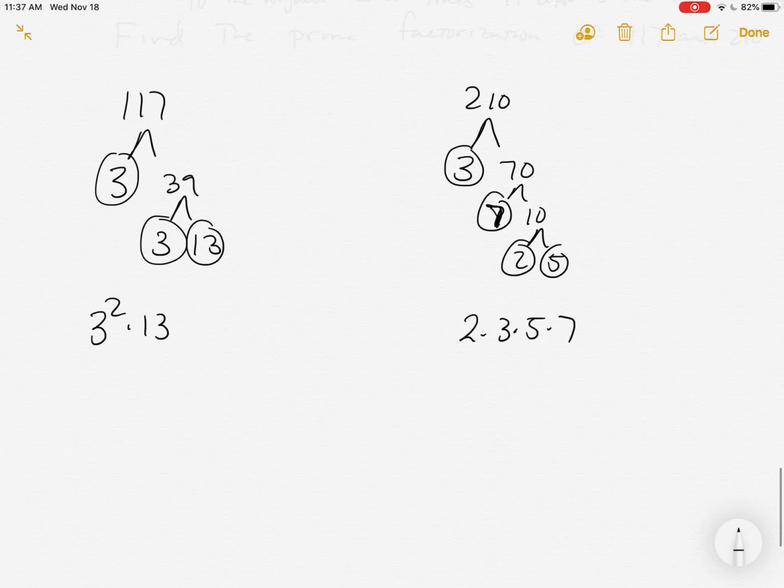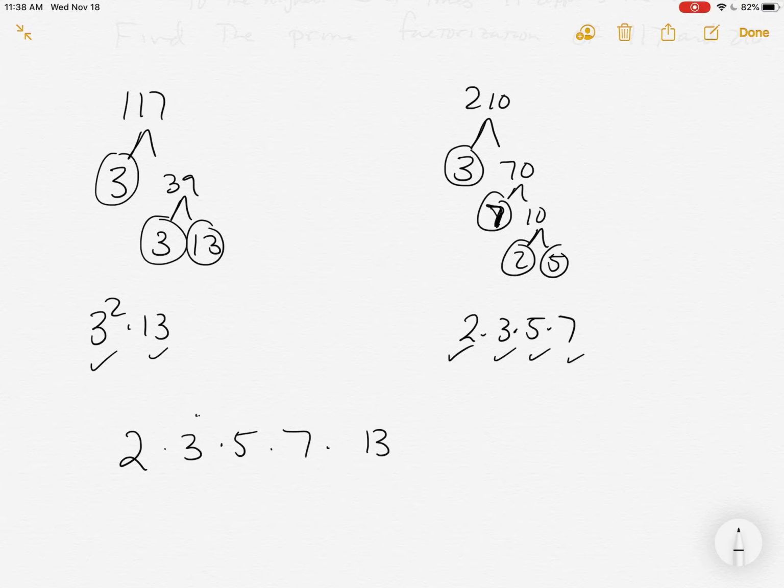So what's everything? Let me look holistically. Everything is that there's a 2, there's a 3, there's a 5, there's a 7, and there's a 13. We need them all. Now, how many 2's were there? There was just 1, so that's the highest number. How many 3's? There was 1 3 in the 210 and 2 3's in the 117.